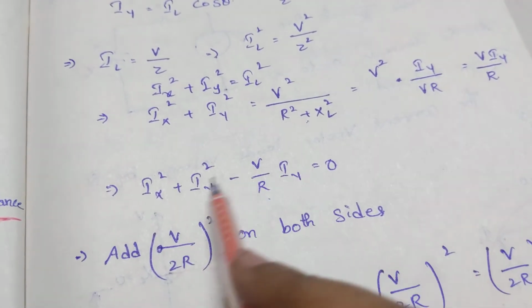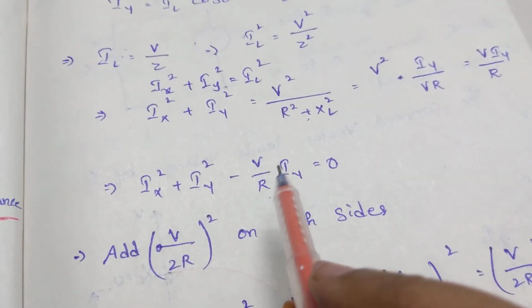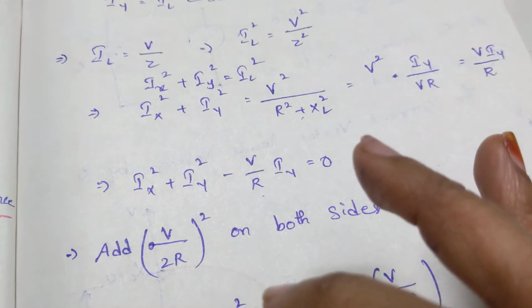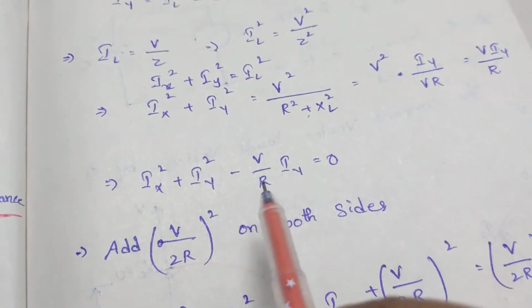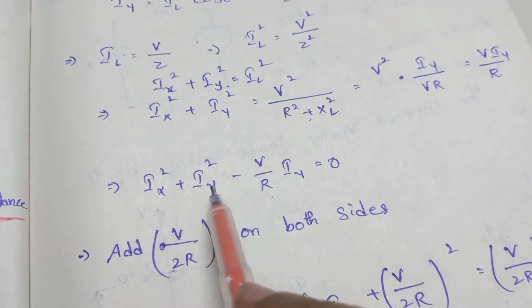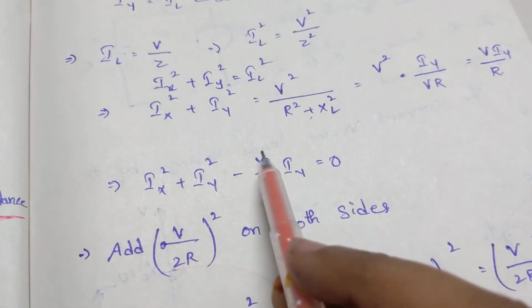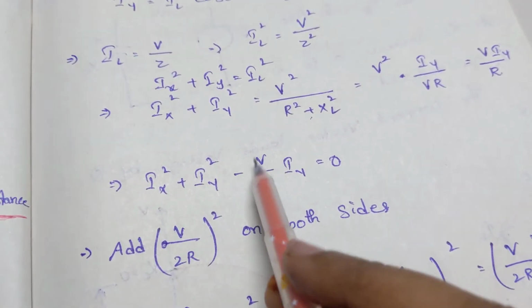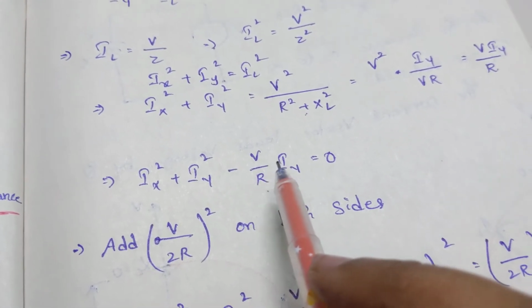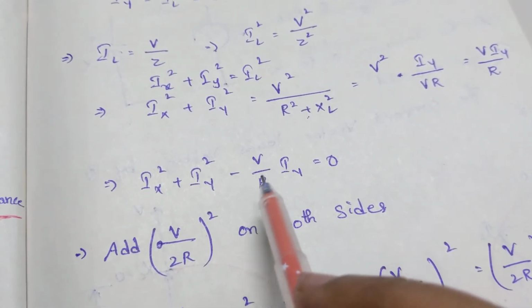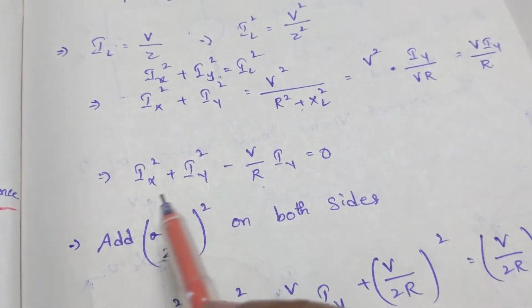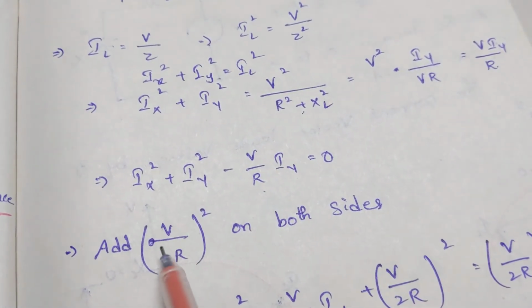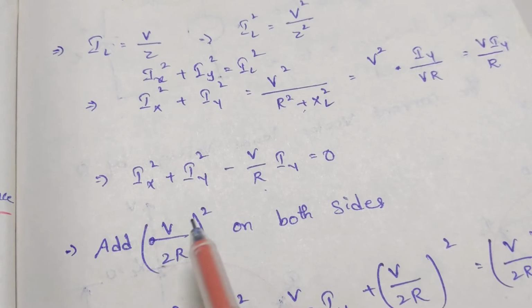Now if I observe this equation, it is not in the standard circle equation. Here the Iy term is there, but a V by R term is there, one more term. So to arrange this in a second order term, I just added V by 2R whole square on both sides.